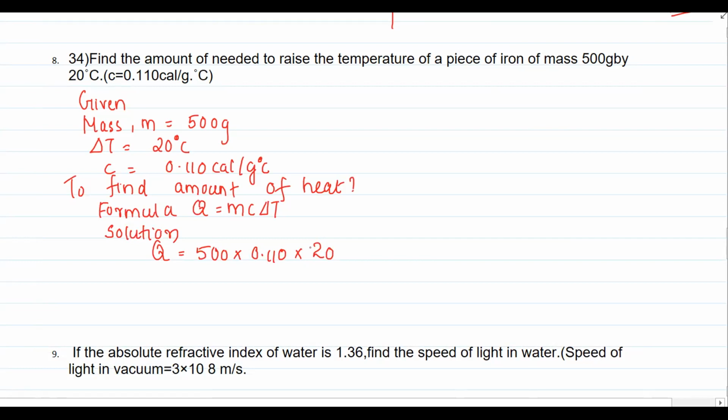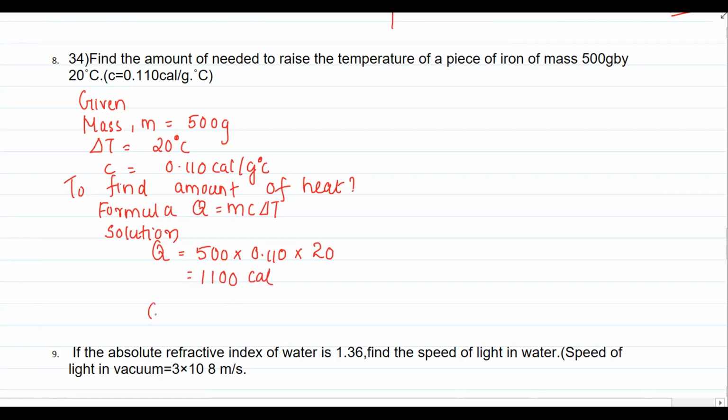Okay. That is equal to, on multiplying this, 500 into 20 is 5 2s are 10 and then 3 zeros, 10,000 will come. 10,000 into 0.110, we will get answer as 1,100 calorie.